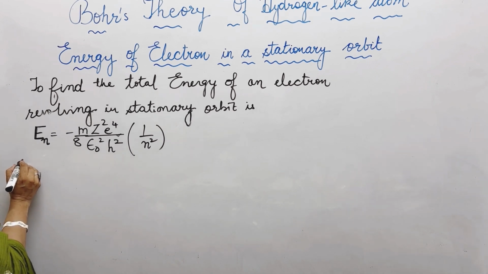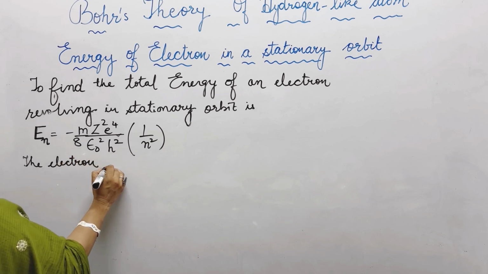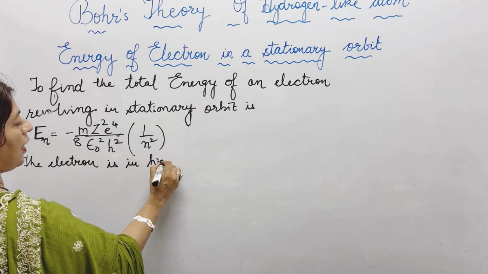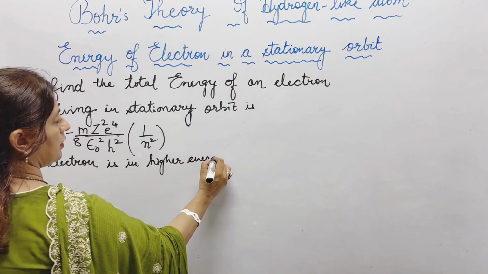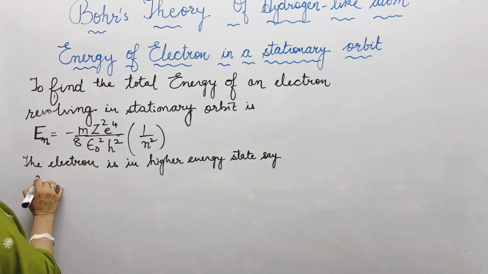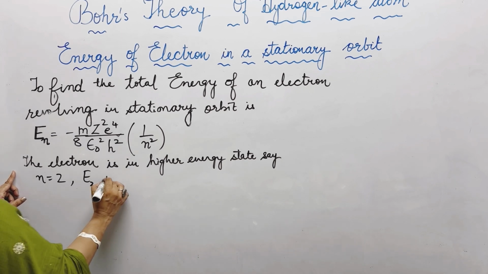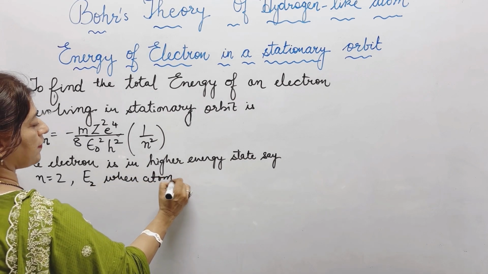Now for example, the electron is in a higher energy state, say n equal to 2 and energy is E2, when the atom is excited.